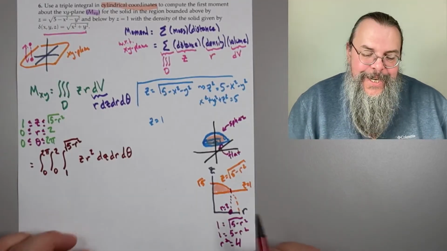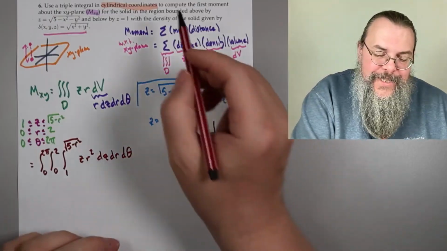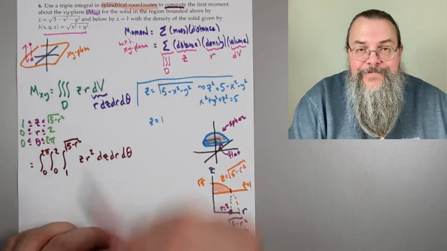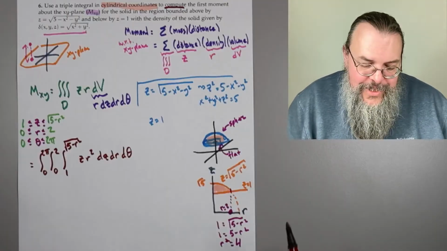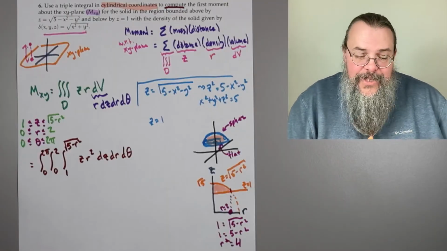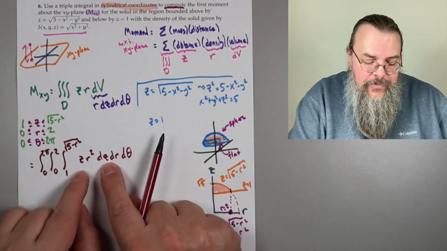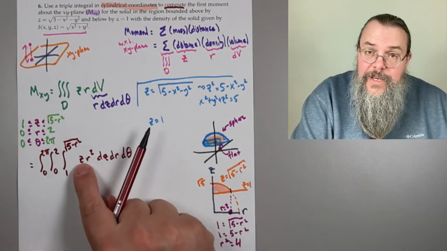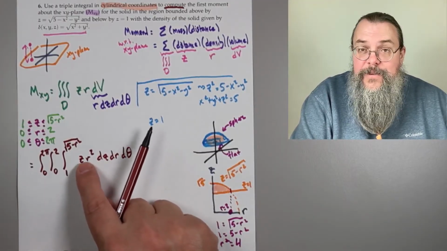Because it's not just setting up, we actually have to compute. The rest of it is now a computation, and we're just going to patiently work it through. First layer, we're integrating with respect to z. So the integral of z, treat the r like a constant. We'll introduce a half, and then we have 1/2 z squared.